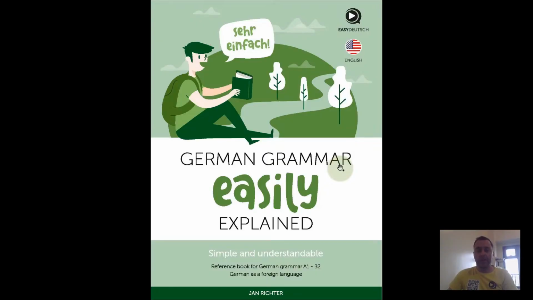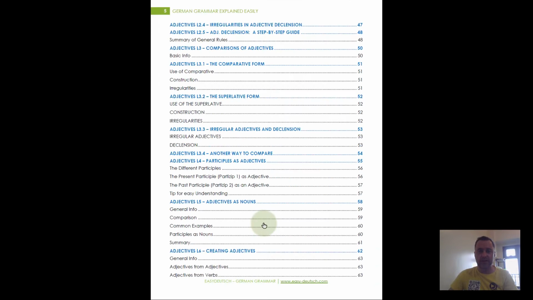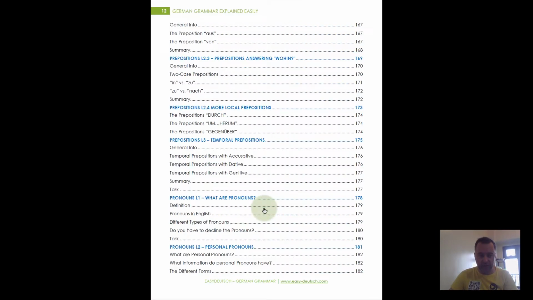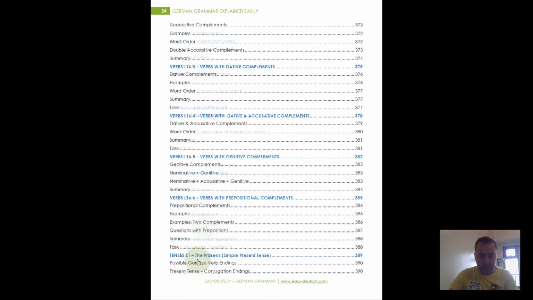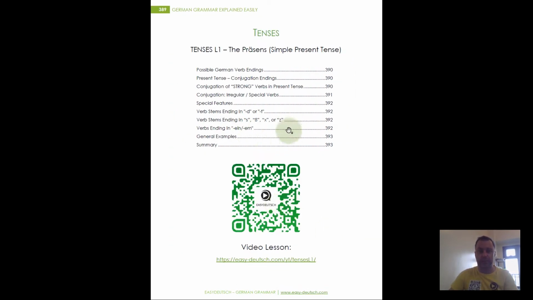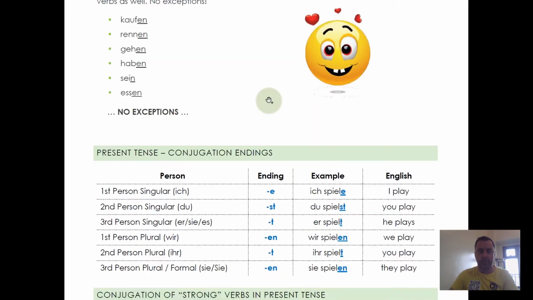We're here now in my ebook, German Grammar Explained Easily. Today's topic is present tense, so the German present tense. Let's go to, there we go, simple present tense.